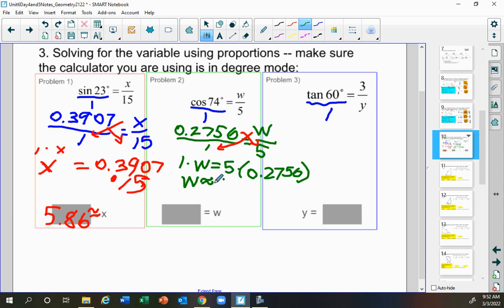Okay, 1.378, 1.37. All right. So, questions on that problem?